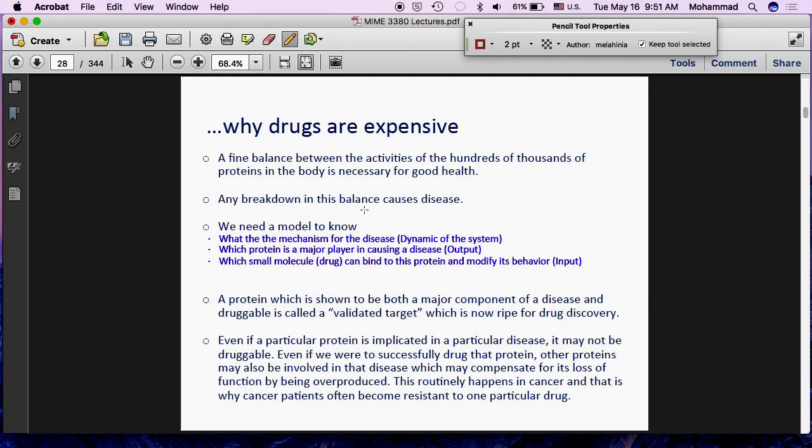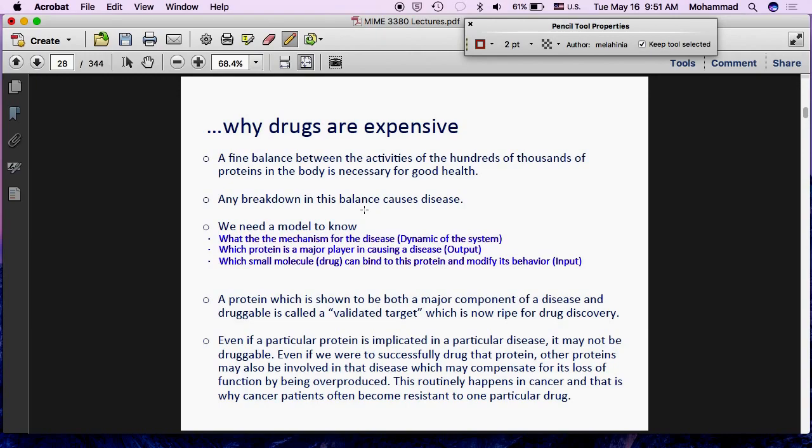So the process of drug development is the process of finding the right input to cause the output to do what you want it to do. Do you see that? Essentially, it's a control problem, but the majority of money is spent in finding the input that causes the output to behave the way you want.